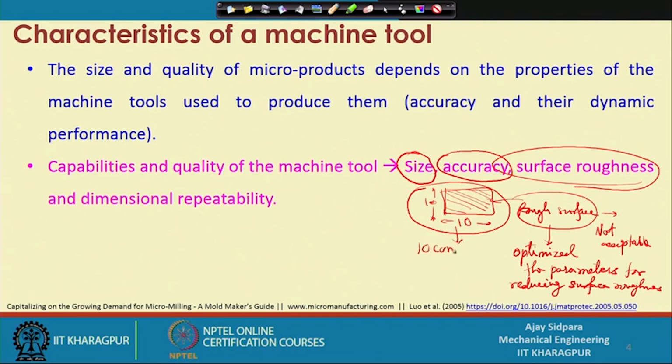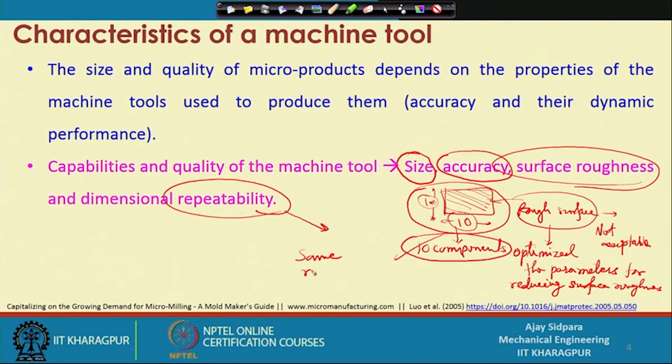Suppose you want to make 10 components with similar dimension, are you getting the same dimension or the same result every time? That is given by the repeatability. The same results every time, correct. So, everything is dictated by the responsibility of the different components during machining operation.